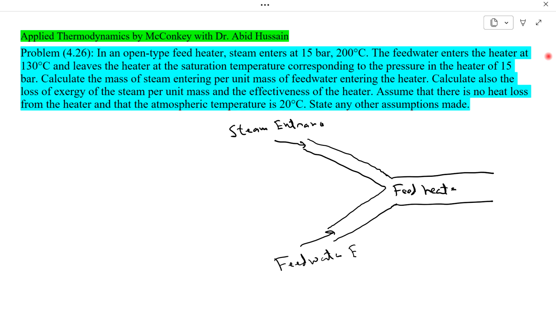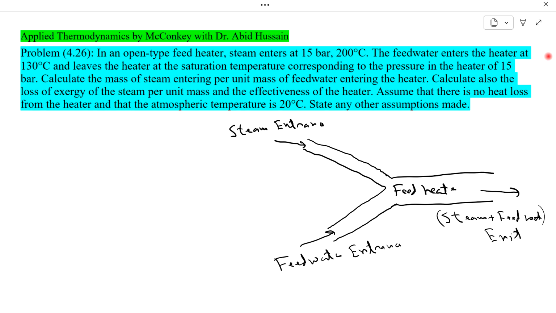After entering the feed heater they are mixed, and this is the exit of the mixture of steam plus feed water.